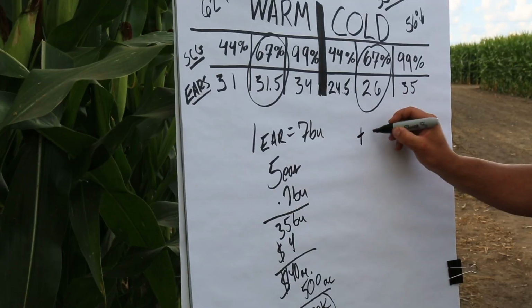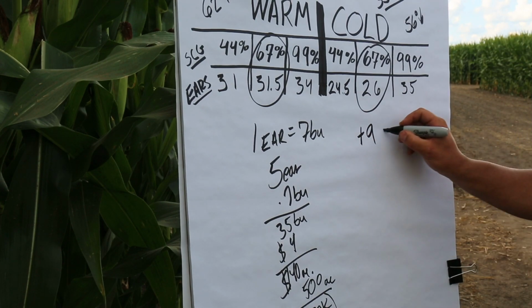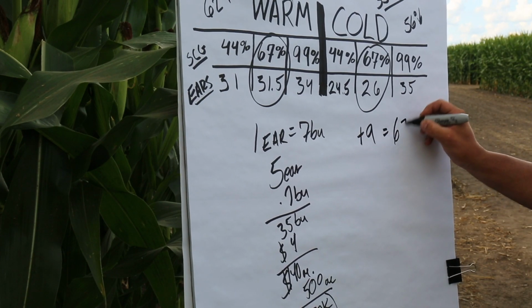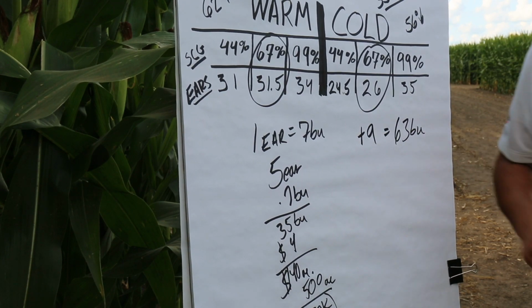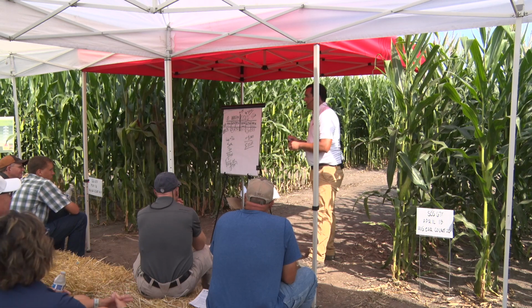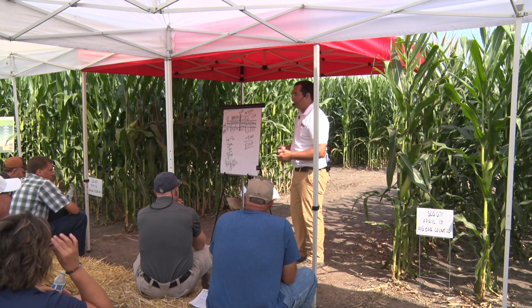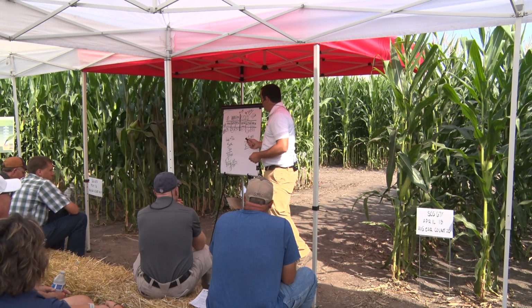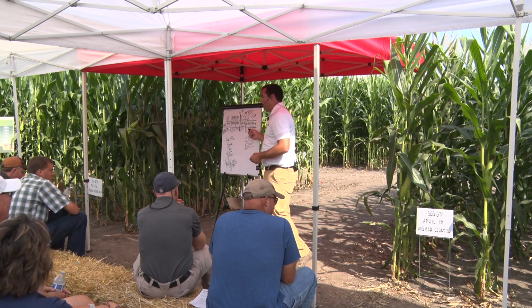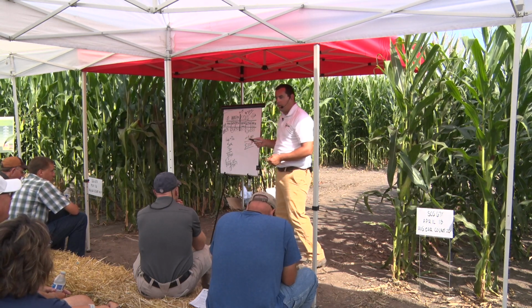If you did that, you would have added 9 ears to the whole population of that field. And I know I don't need to do the math, but that's $126,000 difference just by getting that saturated cold germ testing done. So when Reid talks about $430 for 10 different hybrids, if you're really trying to push your planting dates into some earlier, wetter, colder conditions, it's probably some testing that is going to be worth your while to do.